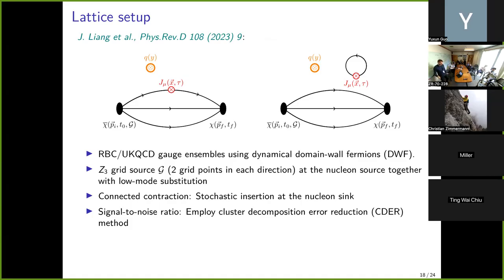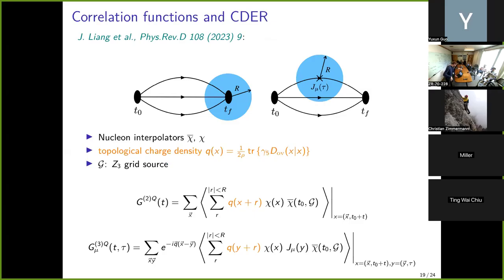We have to deal with the problem that if you consider bilocal quantities like that and make the separations between the currents large enough, then the signal is basically gone, but the noise still increases. This we avoid by employing the so-called cluster decomposition error reduction method, abbreviated CDER, which basically looks like this.